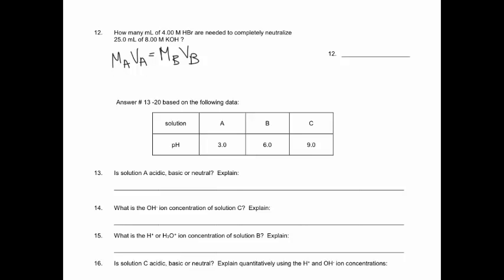So we're going to plug in our numbers. We have 4.00 molar for our acid. We're looking for the volume of the acid. Our base is 8.00 molar, and the volume of that base is 25 milliliters. We divide by 4.